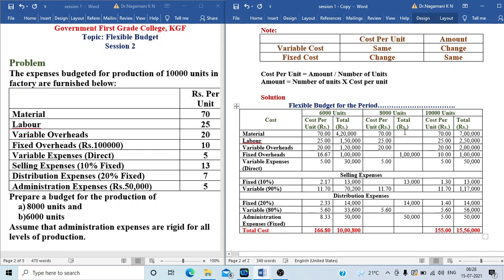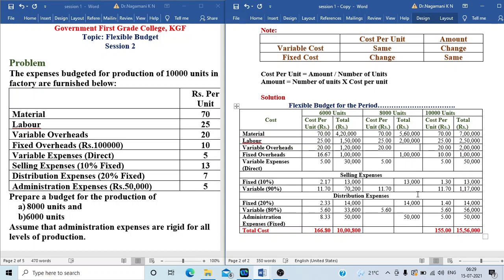First we should calculate the amount, and then for variable cost, and then for fixed cost we have to calculate the cost per unit. See, for material, cost per unit is 70 and number of units is 8,000. 70 into 8,000 units, 5 lakh 60,000, and for labor 25 into 8,000, 2 lakh.